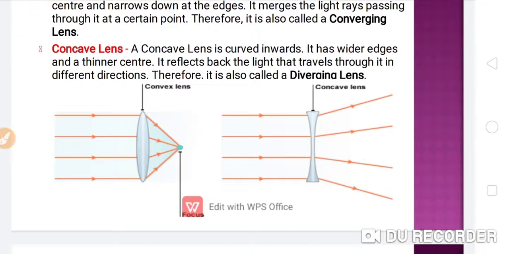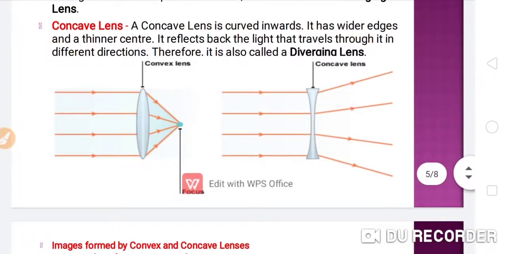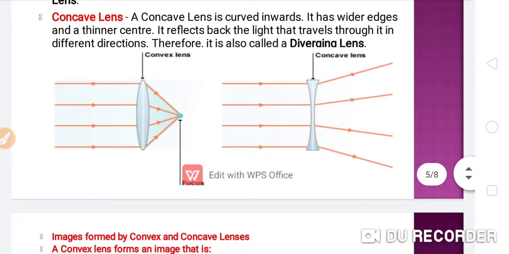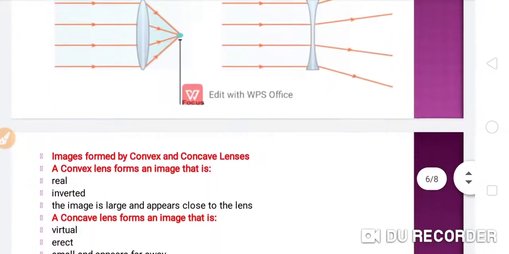And if we talk about the concave lens, it has a divergent nature, meaning whatever light comes in a straight line will diverge, meaning it will spread. So this is the important feature of the concave lens: whatever light passes through it will spread. This is the divergent nature shown by the concave lens.